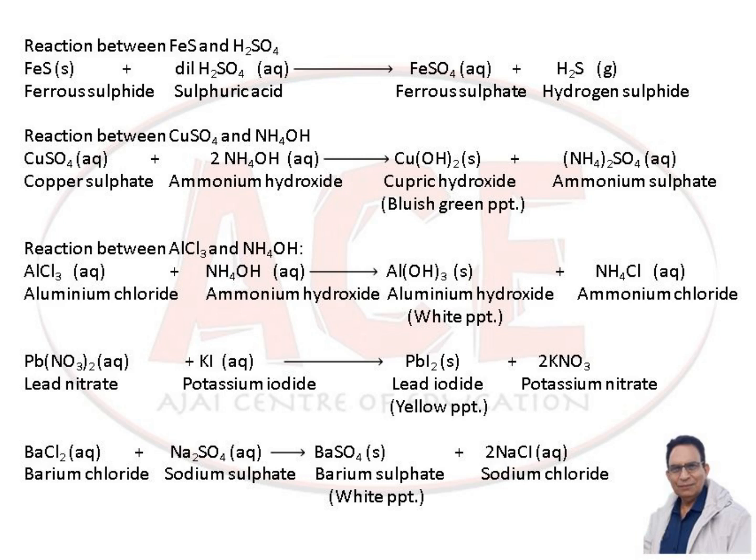One more reaction of double displacement, BaCl2 aqueous, this is barium chloride, reacting with Na2SO4, sodium sulfate, gives BaSO4, barium sulfate, plus NaCl, sodium chloride. The barium sulfate so produced is of white color.